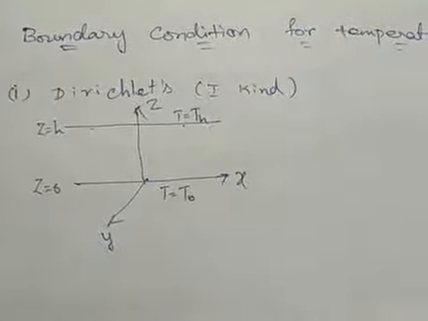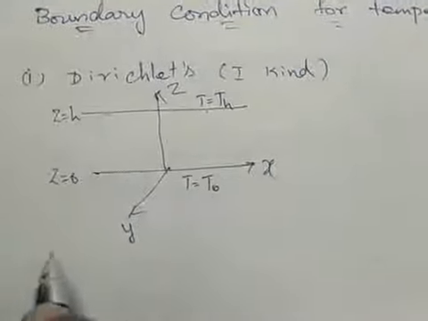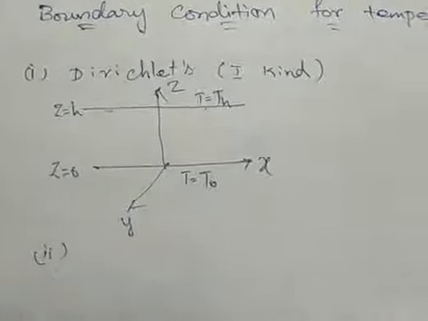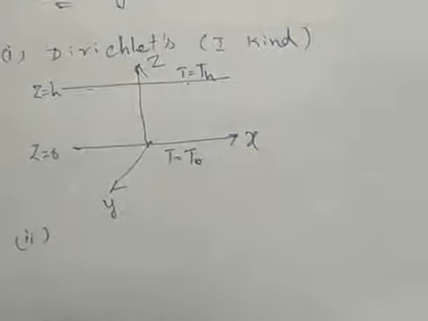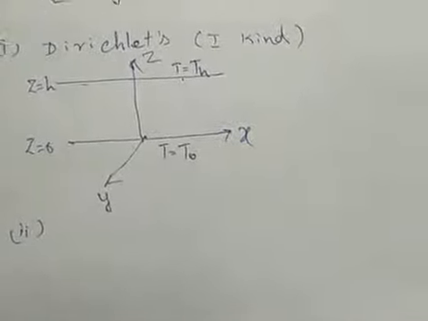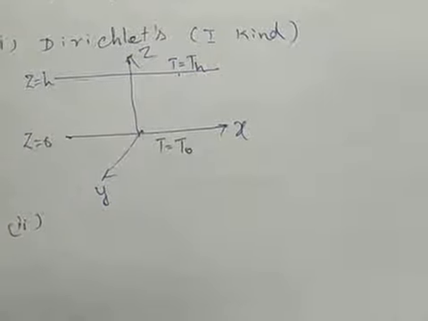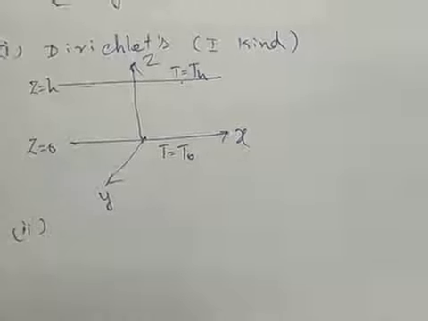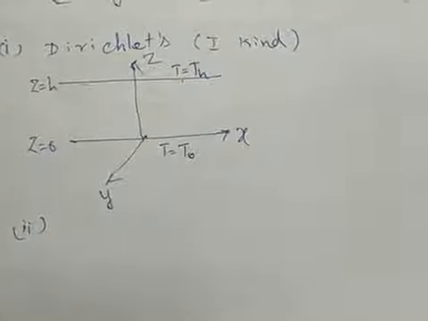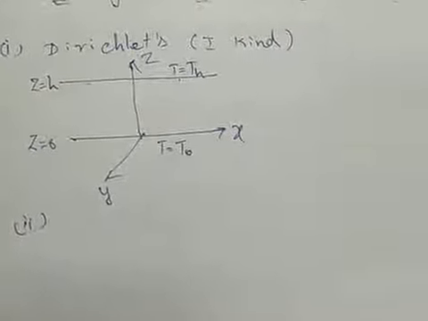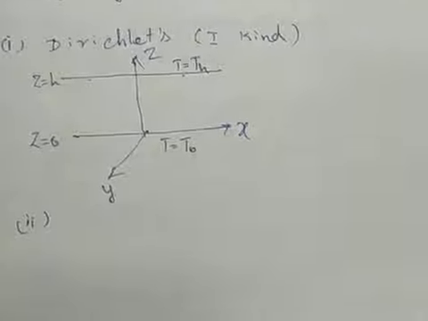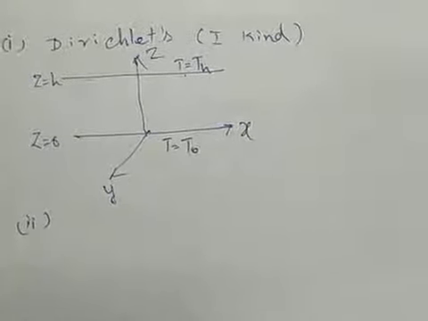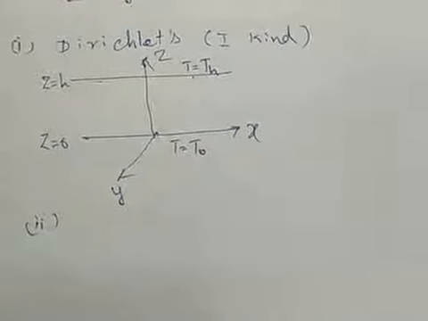In second case, the condition corresponds to existence of fixed or constant heat flux at the surface, and this heat flux is related to the temperature gradient at the surface.